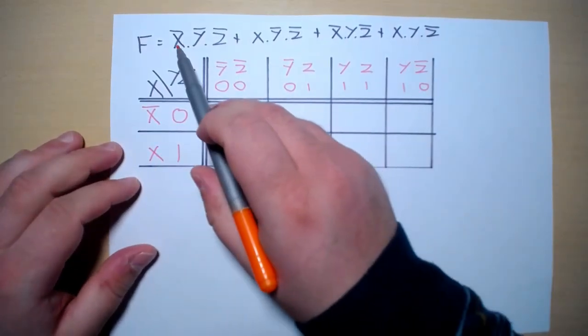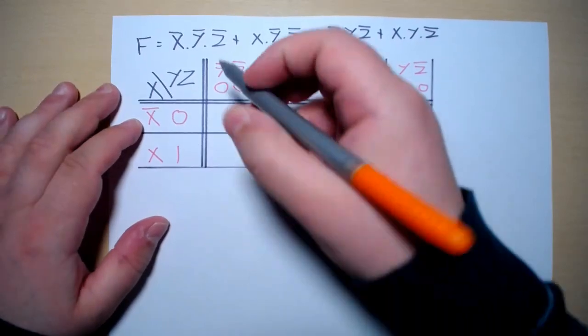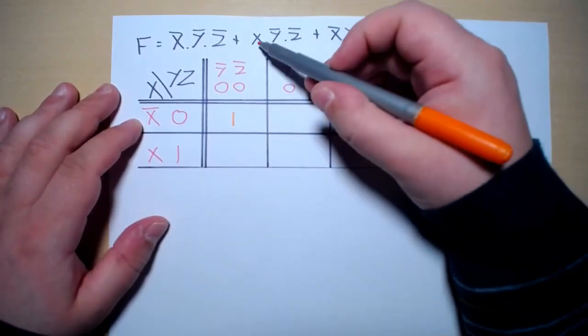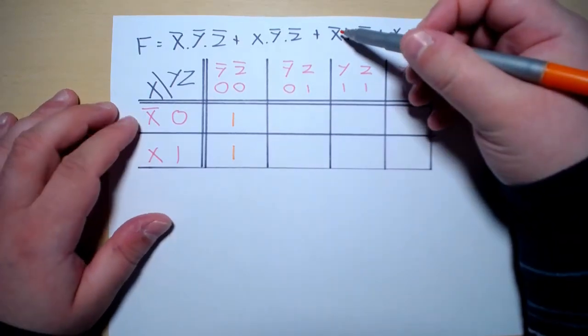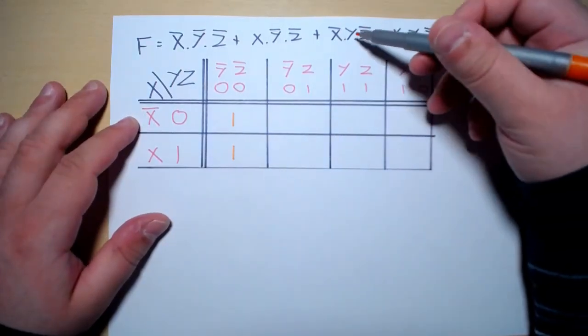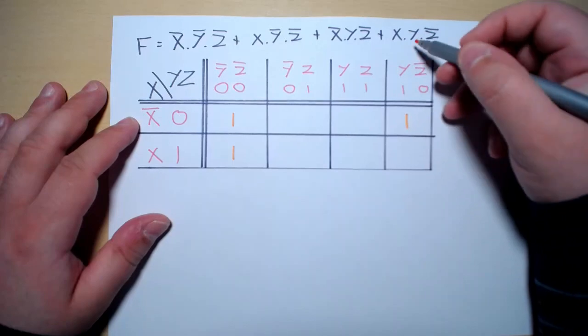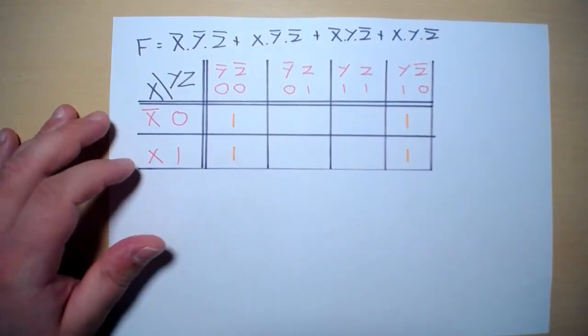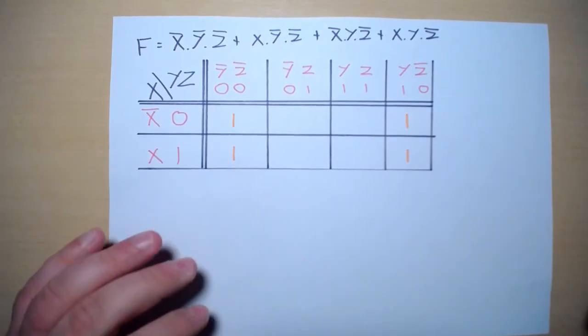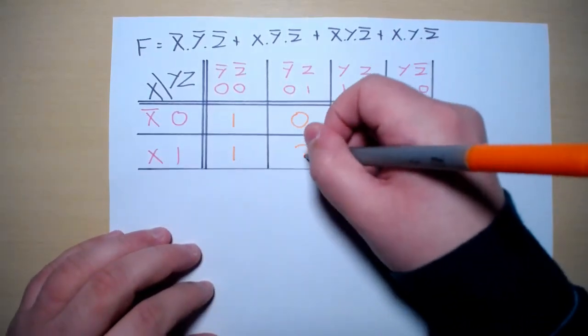So we have x naught, y naught, z naught, x, y naught, z naught, x naught, y, z naught, and x, y, z naught. Obviously, we fill the others with 0.